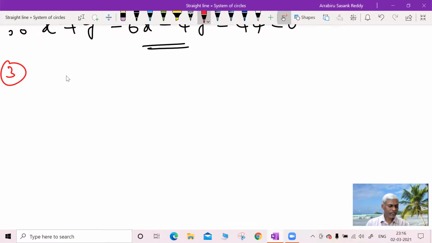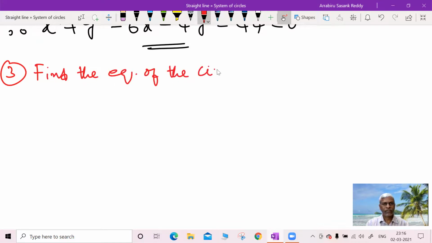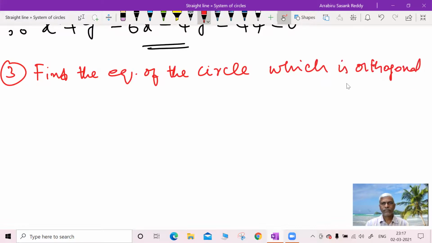Find the equation of the circle, same question, which is orthogonal to each of the following circles.